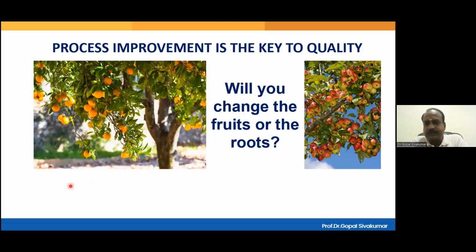It is as good as expecting apple from an orange tree. Doing the same thing again and again, how can you get better results? All right. So what is required is process improvement, right? Unless and until you improve the process, your results are not going to improve.